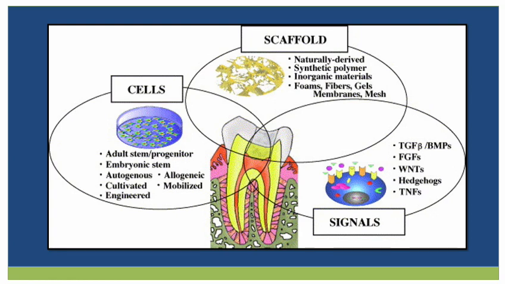The scaffolds are naturally derived or synthetic polymers, inorganic materials or foams, fibers, gels, membranes or mesh. The signals could be transforming growth factor beta, bone morphogenic proteins, fibroblast growth factors, WNTs and tumor necrosis factors.